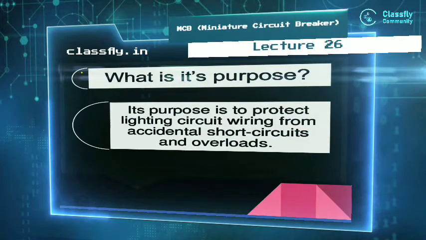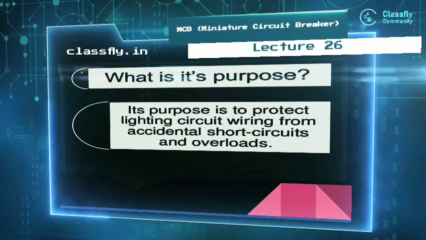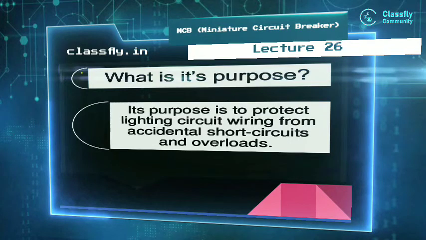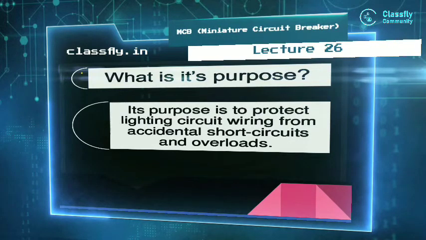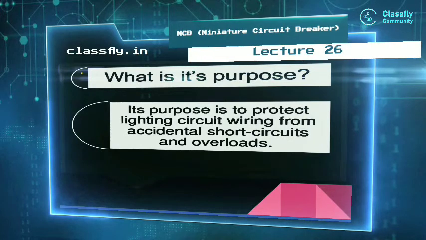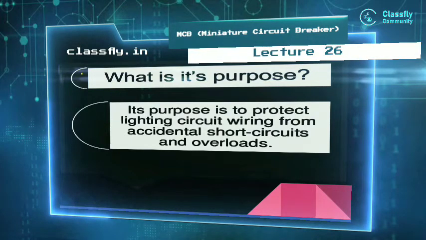Now we will know what its purpose is. Its purpose is to protect lighting circuit wiring from accidental short circuits and overloads. If there is any short circuit in the appliances, then it can harm the person living in the household as well as the appliance being used.